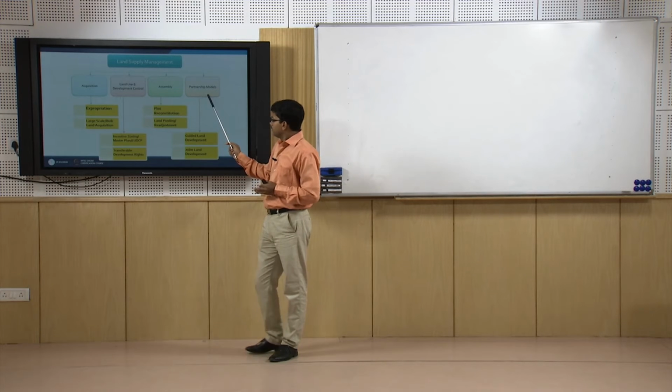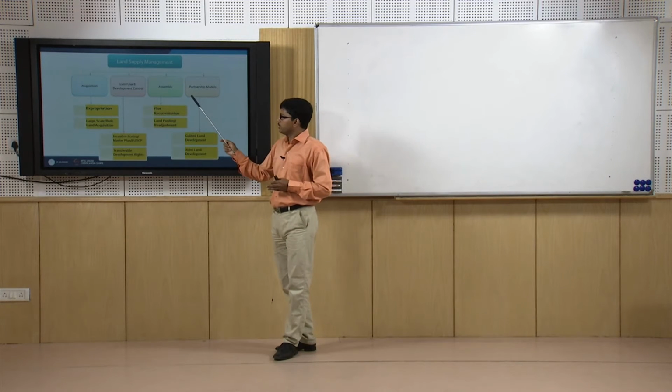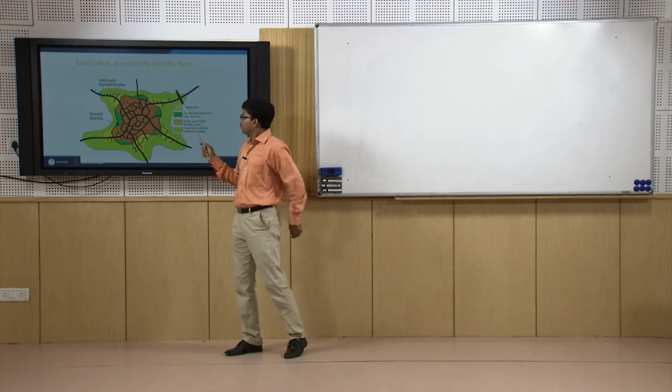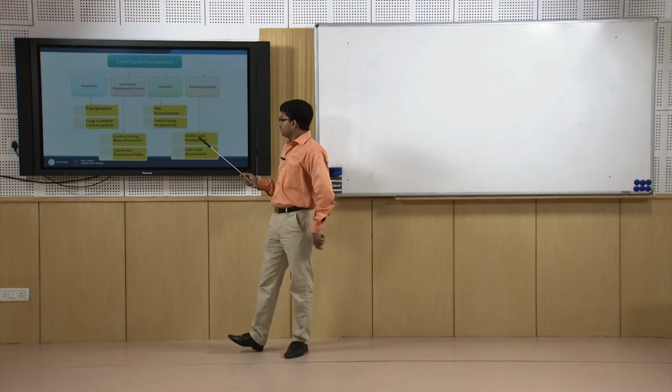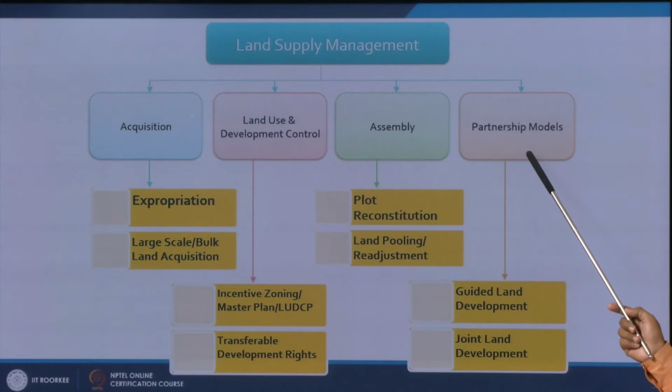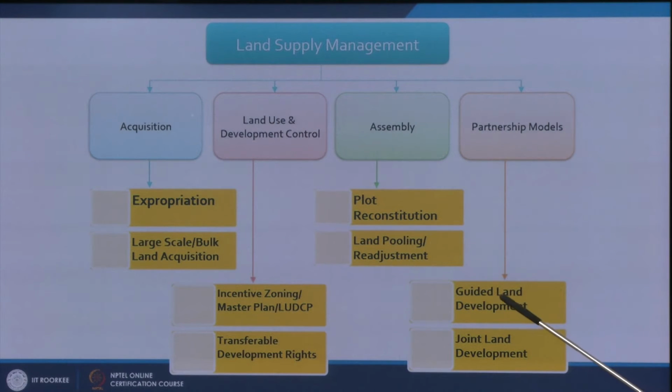In the partnership model, basically we are not doing any direct intervention here, but the government and the private party work together as partners. So, they can do a guided land development or joint land development.